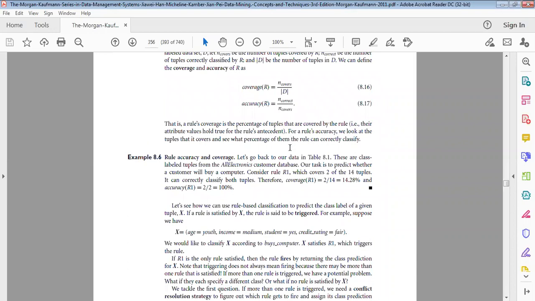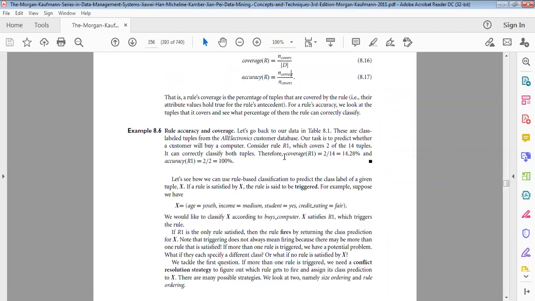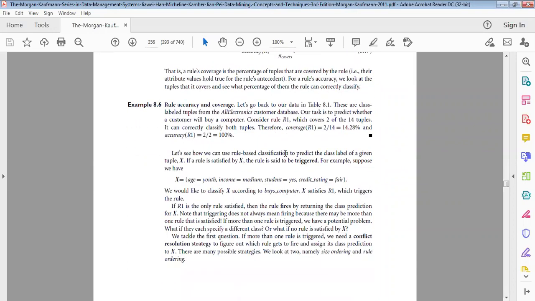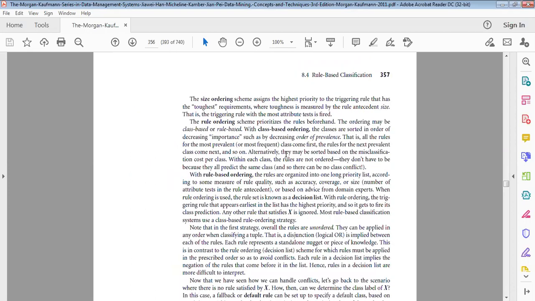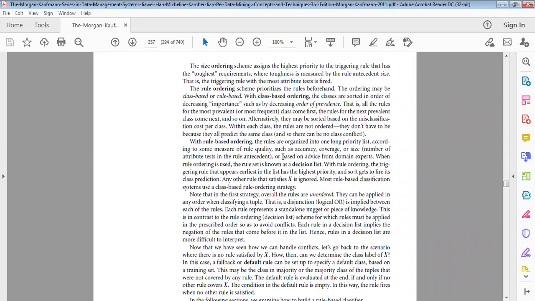Rule accuracy and coverage, you have to find out what the credit rating is. Based on that, here you have to present rule orderings.